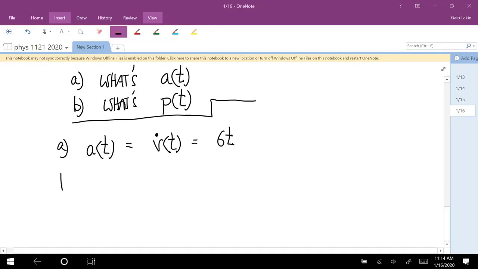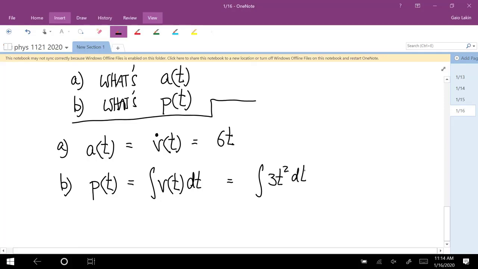The position, though, is the integral of the velocity with respect to time. So integral of 3t squared dt.